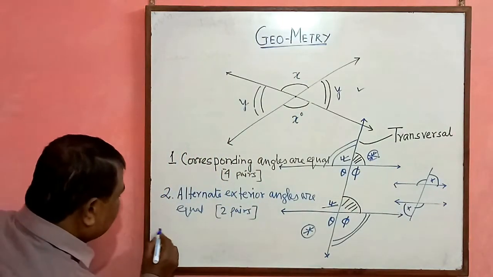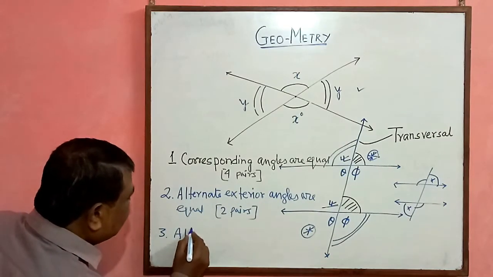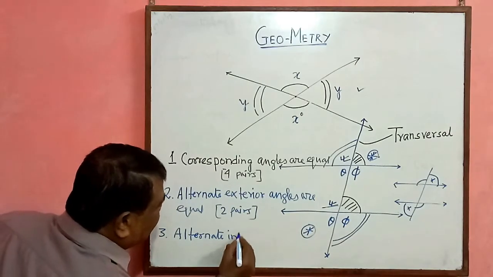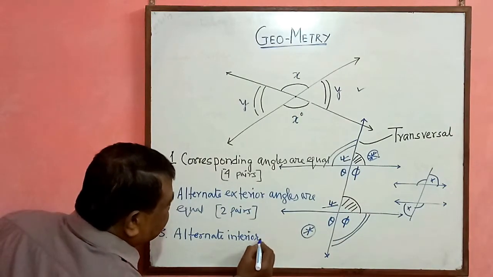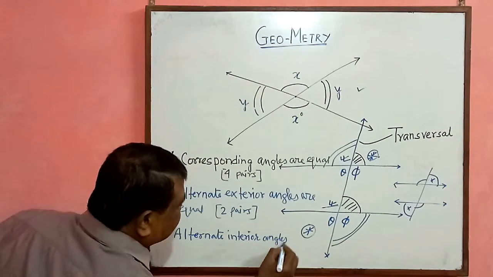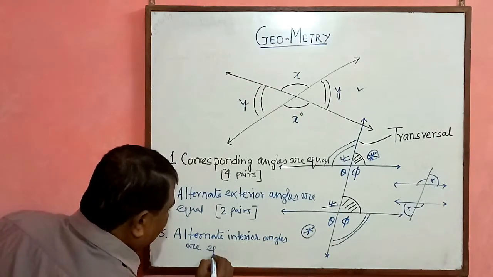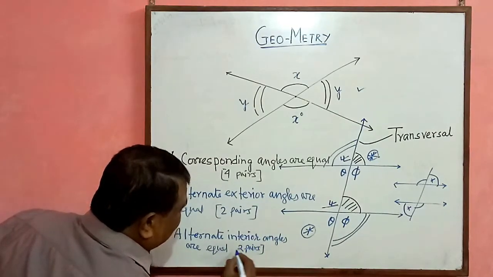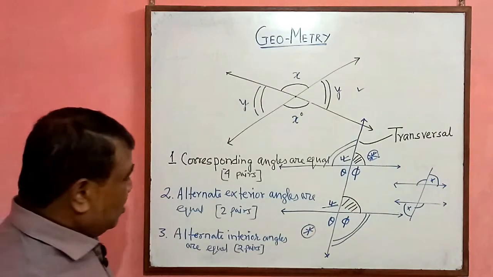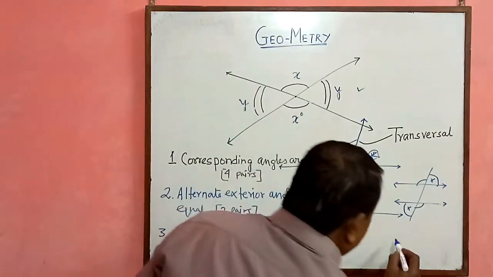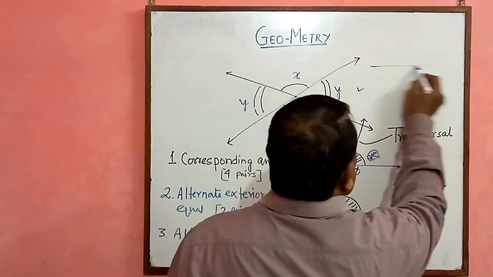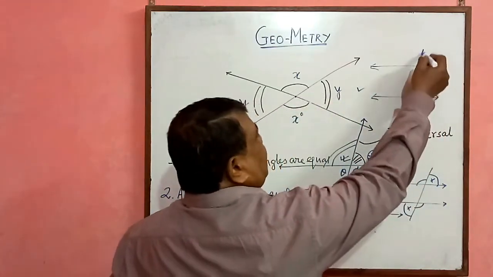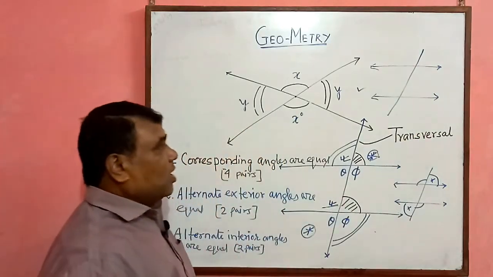Now, number 3, alternate interior angles are equal. 2 pairs. How 2 pairs? Now you see, these are a pair of parallel lines. Here we can draw a transversal.